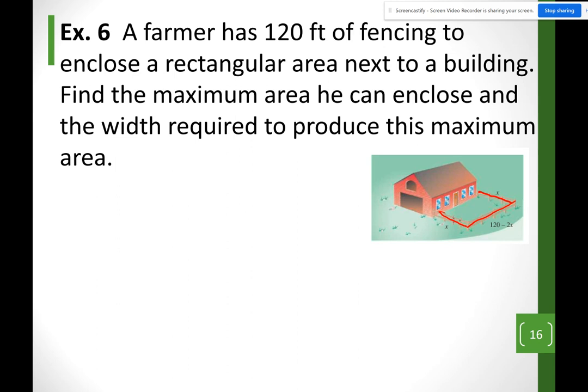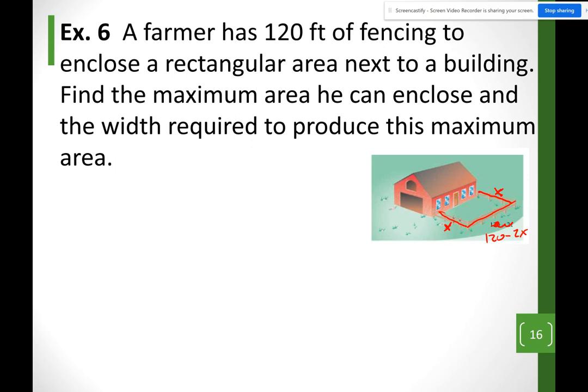Find the maximum area he can enclose and the width required to produce this maximum area. So I'm going to say the width, I don't know what it is. We're calling it an x. Now, because I only have 120 feet of fencing, you notice here I have 120 feet minus 2x, which is basically the 2 x's that I already used.